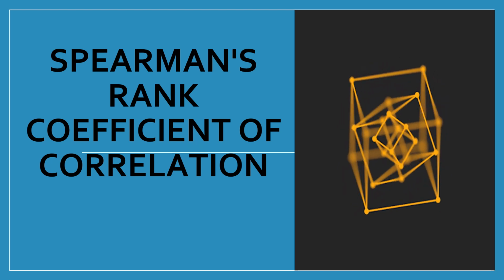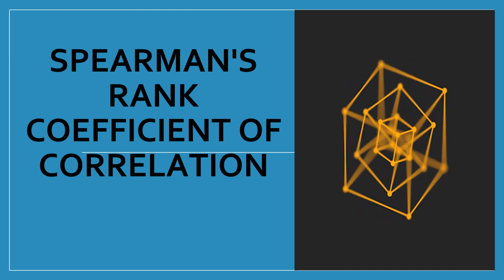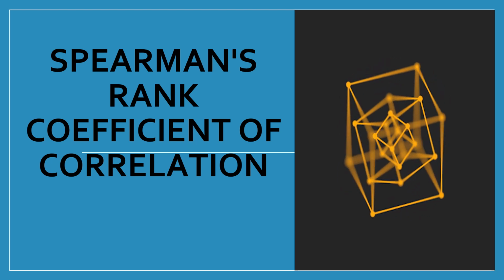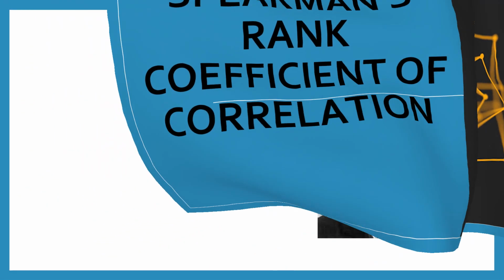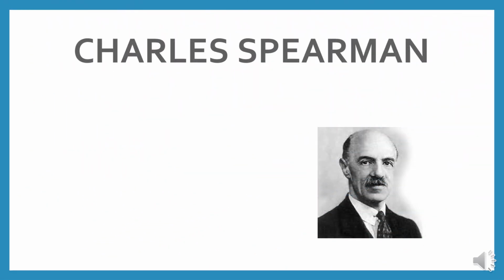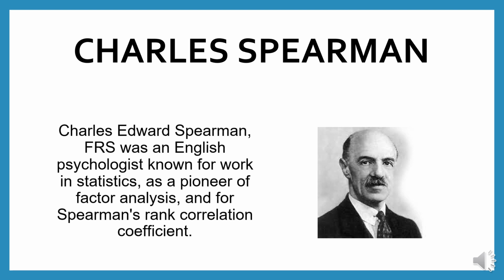Now, Spearman's rank coefficient of correlation. Charles Edward Spearman, FRS, was an English psychologist known for his work in statistics as a pioneer of factor analysis and for Spearman's rank correlation coefficient.